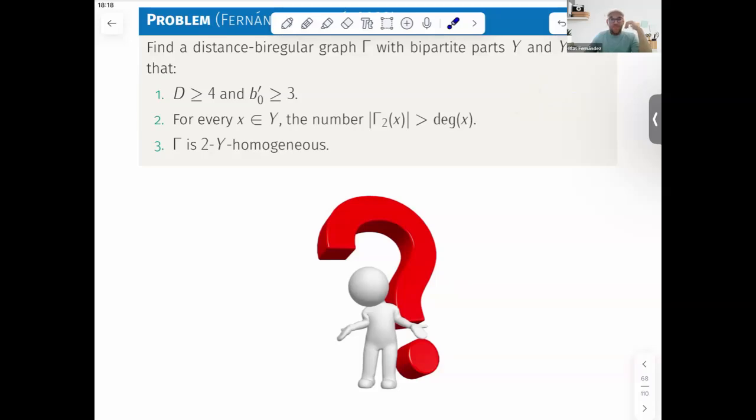Because of certain problems related to the Terwilliger algebras, we were wondering about the existence of a 2-homogeneous distance-biregular graph where this condition is not satisfied. Of course, we have d greater or equal than 4 and b0 prime not 2.